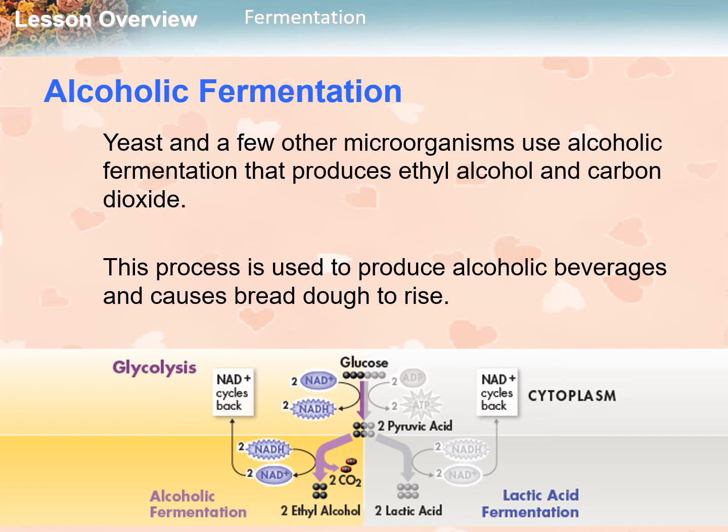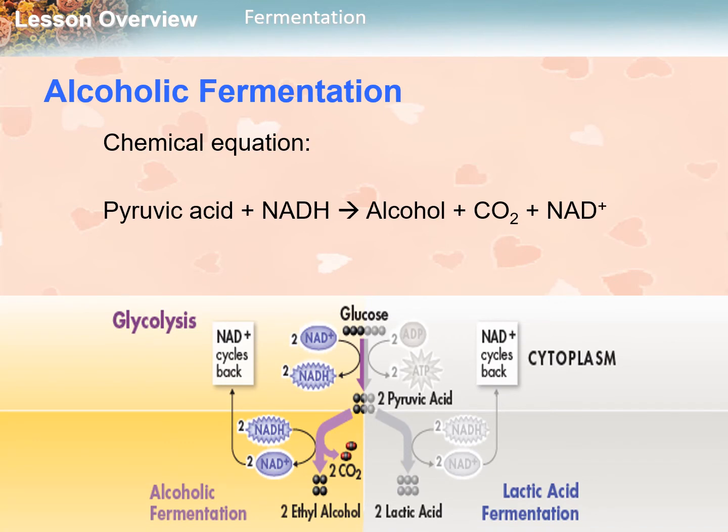If you are familiar with baking, we use yeast as our ingredient in making the bread so the dough could rise. So the chemical equation for alcoholic fermentation is that pyruvic acid and NADH as our raw materials will yield alcohol plus carbon dioxide plus NAD+.